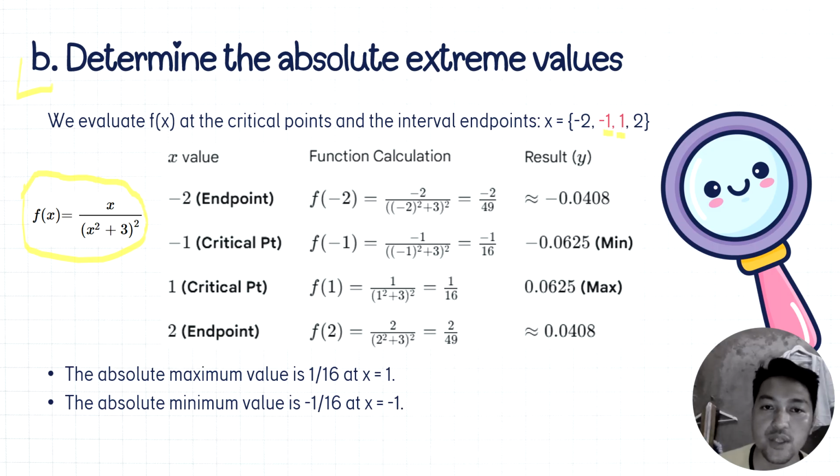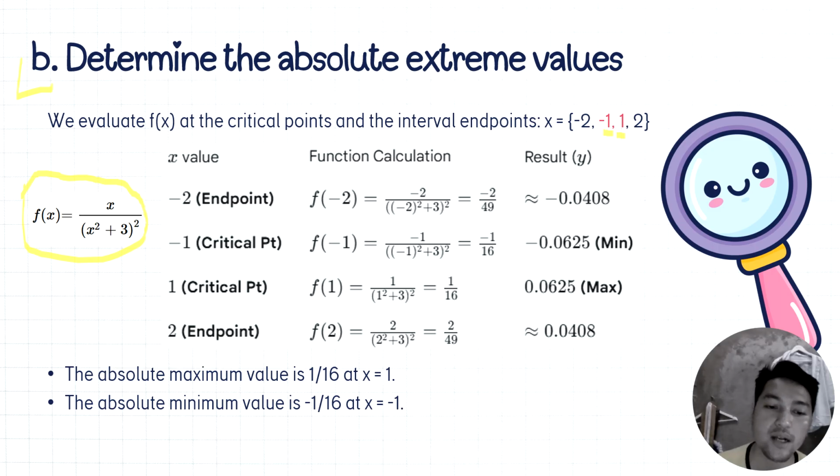From here, we plug in negative 2, and the result is approximately negative 0.008, or in fraction, negative 2 over 49. For our critical point, we have negative 1 over 16, which is negative 0.0625. So that's going to be our minimum, and the same goes for our maximum, which is positive.